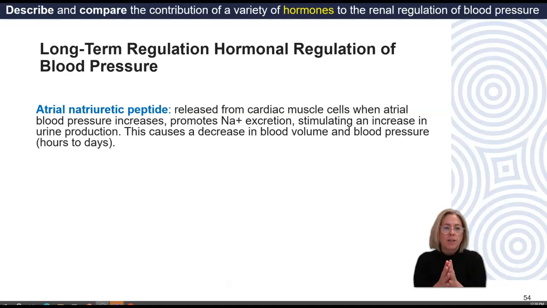Okay, so this atrial natriuretic peptide is released from cardiac muscle cells when atrial blood pressure increases. It does promote sodium excretion, and that will therefore stimulate an increase in urine production. By increasing your urine production, that's going to cause a decrease in blood volume and a decrease in blood pressure. And this one takes hours to days to work.